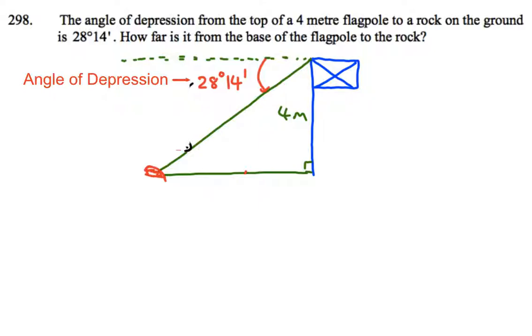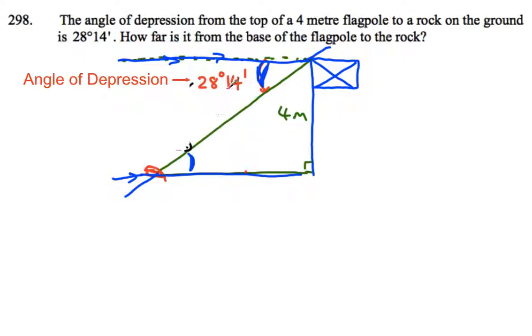Now one key bit here is to notice that really we have, I'll do it in blue maybe, a situation where we've got a horizontal there and a horizontal on the ground, and this is like a transversal, so it sets up one of those alternate angles that we can use. See how that angle there is alternate to that angle there.